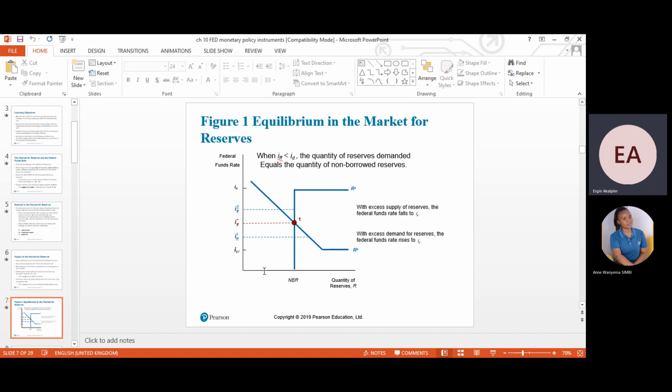The excess demand for reserves is represented on the graph by the line relating the federal funds rate and the quantity of reserves. And the excess supply curve, which is vertical and parallel to the fund rate, is the excess supply of reserves. The fund rate falls to the interest rate on reserves.